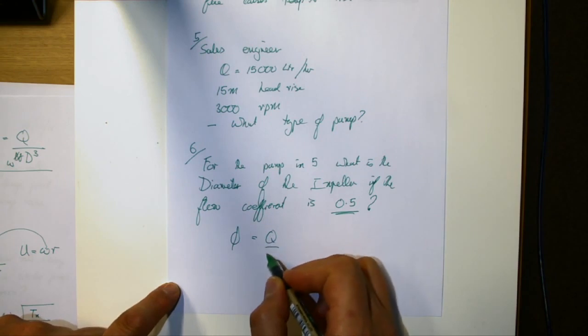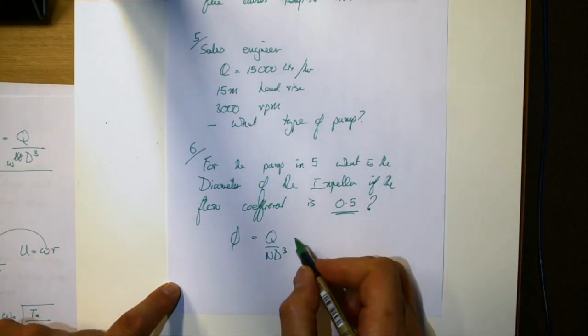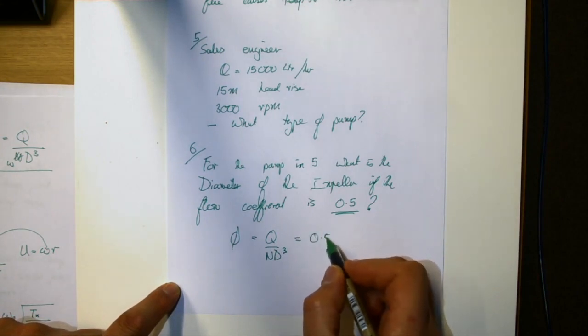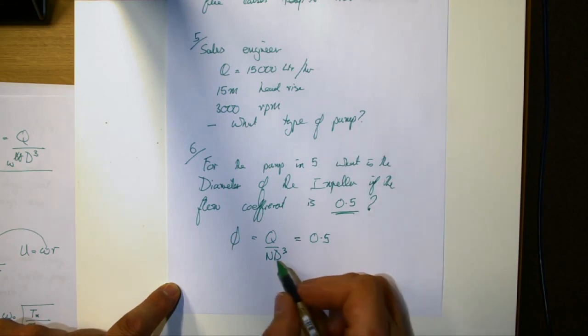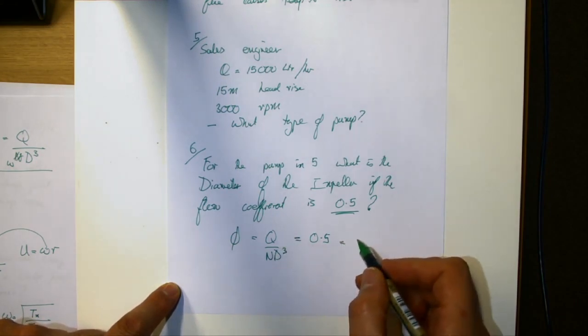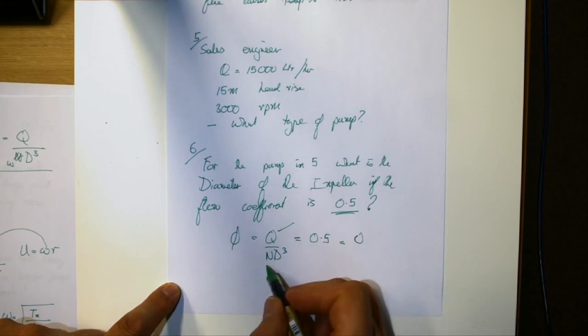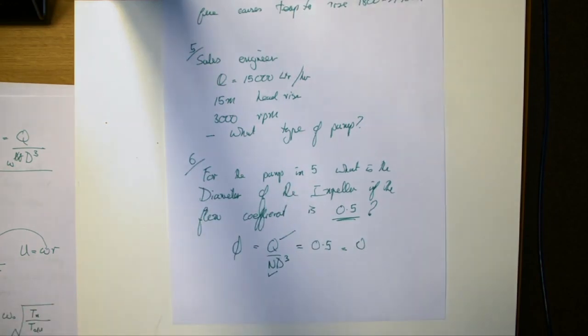We've got Q, we've got the RPM. We know N. Therefore, you can calculate D from that number, and the answer was 29.8 centimetres, I think. Yeah, 29.8 centimetres.